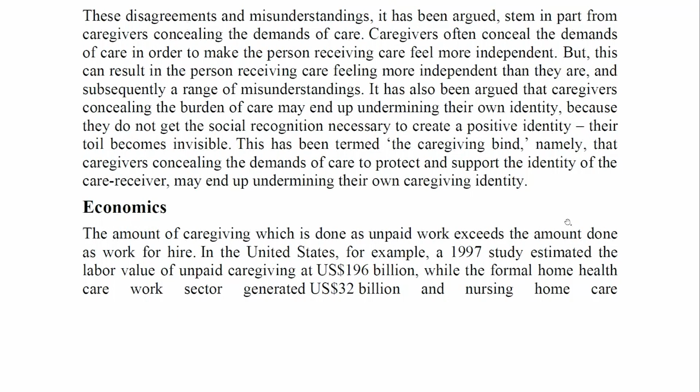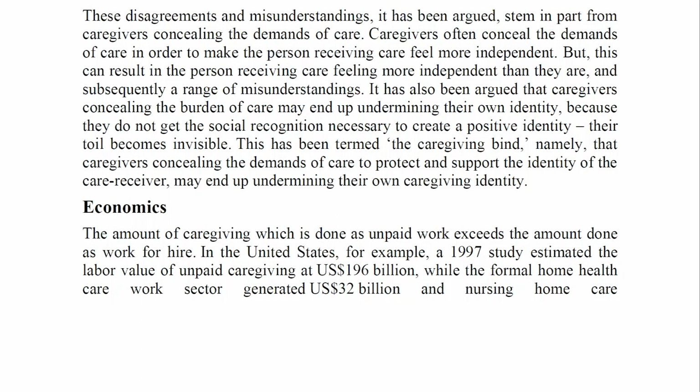Economics. The amount of caregiving which is done as unpaid work exceeds the amount done as work for hire. In the United States, for example, a 1997 study estimated the labor value of unpaid caregiving at $196 billion, while the formal home health care work sector generated United States $32 billion.